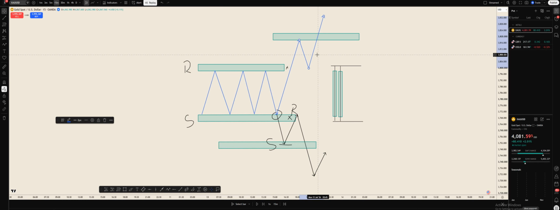Again, this is not a strategy or whatsoever. This is just a basic understanding of how exactly the market moves. For some, this might be completely new, or for some this might be completely basic, but you need to understand this in order to understand how the market moves.